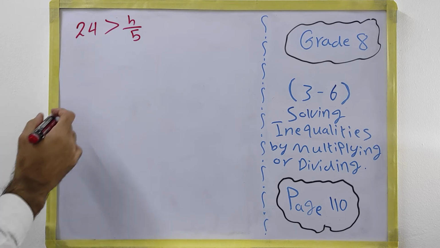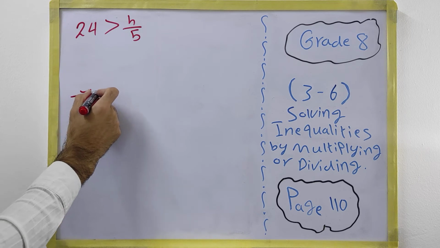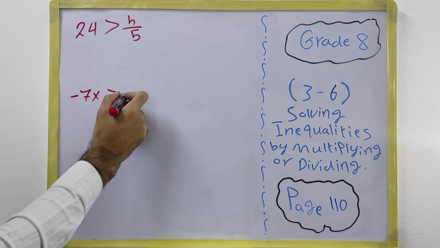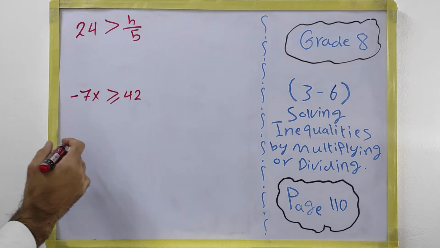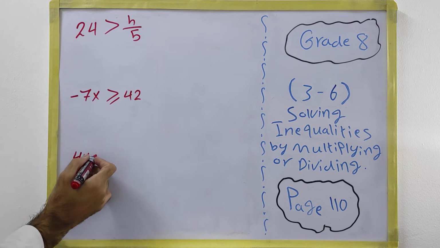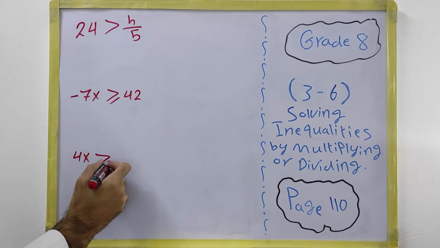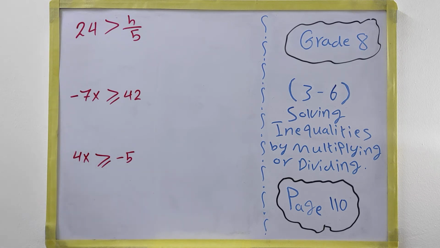Another one, negative 7x greater than or equal to 42. And let's do another one, which is 4x greater than or equal to negative 5.